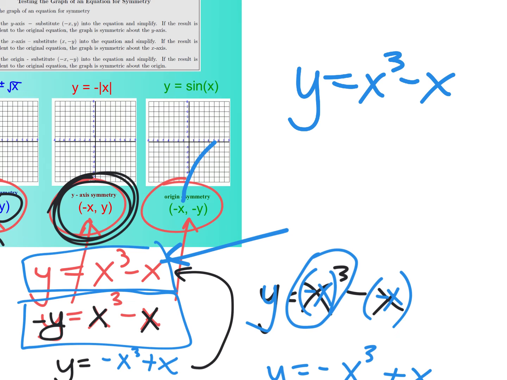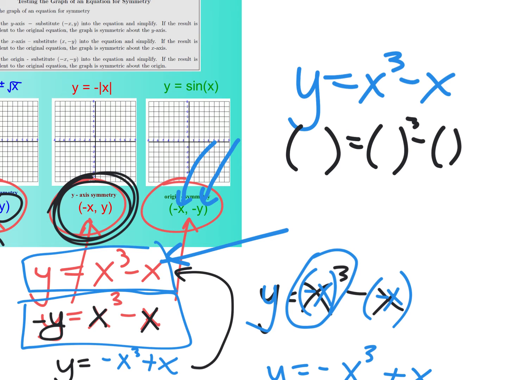And then stick in a negative x and a negative y underneath that, and simplify it all down, and you'll see. Need to do this. Finger hasn't moved. Tell you haven't done it. You'll see that it simplifies down, and we assumed it probably had origin symmetry, and it does.